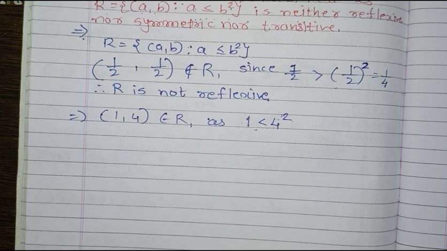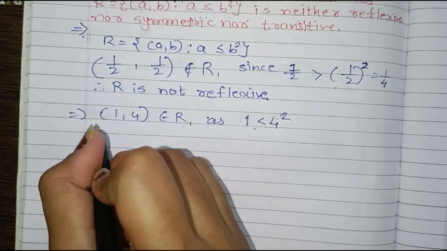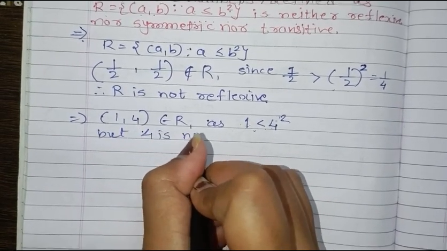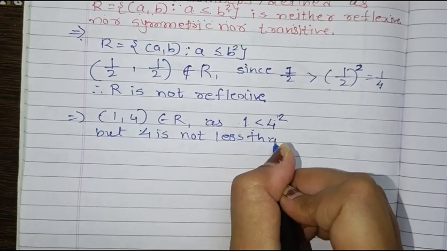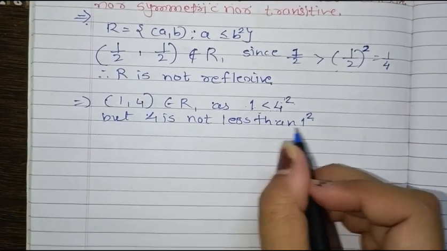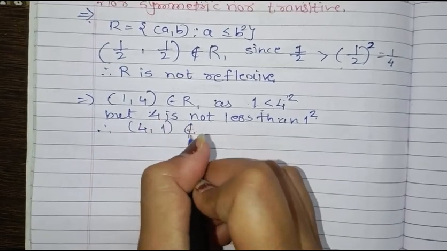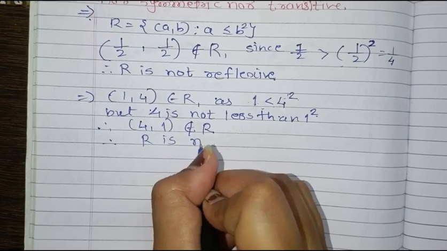For symmetricness, we have to take (4, 1), which is not possible, because 4 is not less than 1 square. That's why (4, 1) does not belong to R. Hence, R is not symmetric.